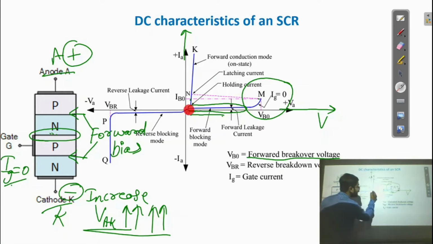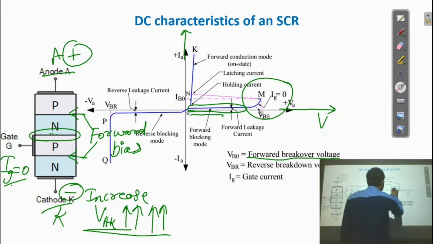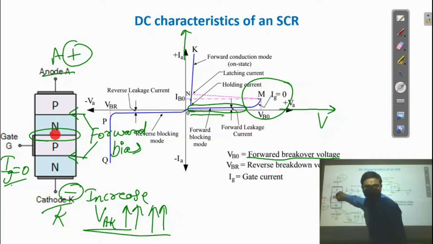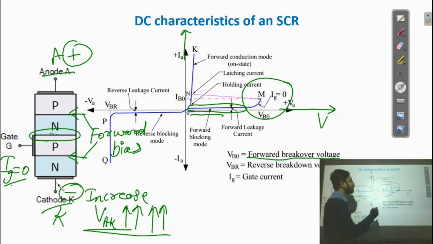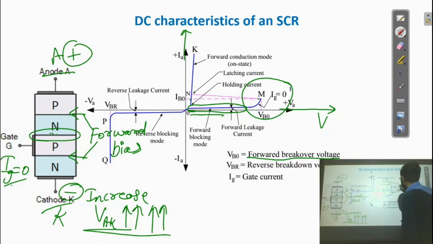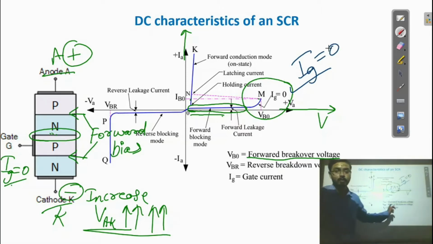If we increase this VBO, the voltage across anode and cathode across an SCR, at a particular point this junction will break down, and the current will start to flow through an SCR. Remember, this is for Ig equals 0.